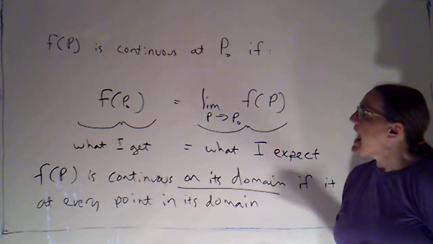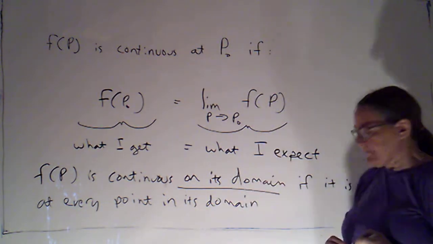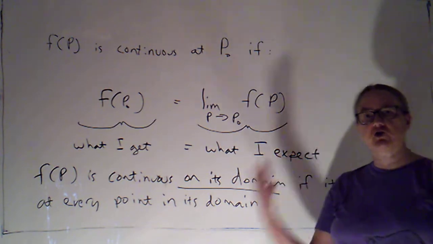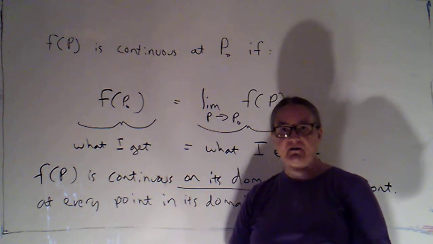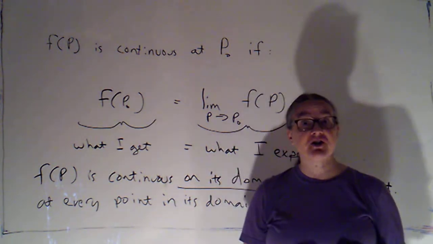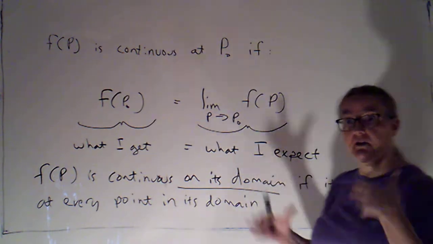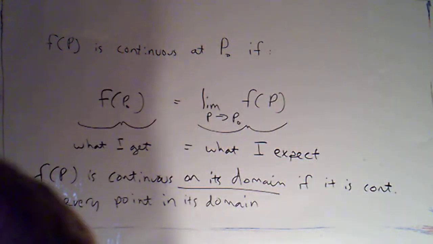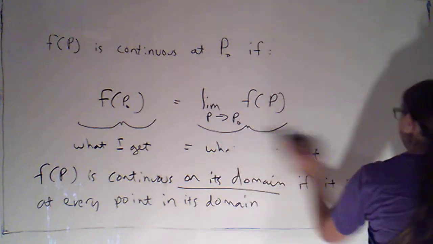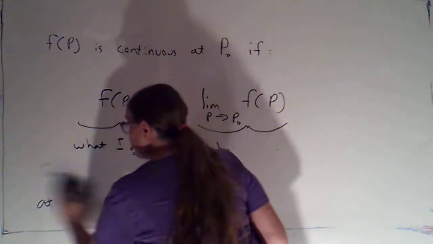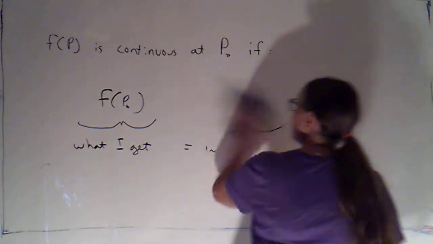Okay, and we're going to have a very nifty rule that if I start with continuous functions and then I build other functions out of them using either arithmetic or function composition, then what I build is also going to be continuous on its domain.